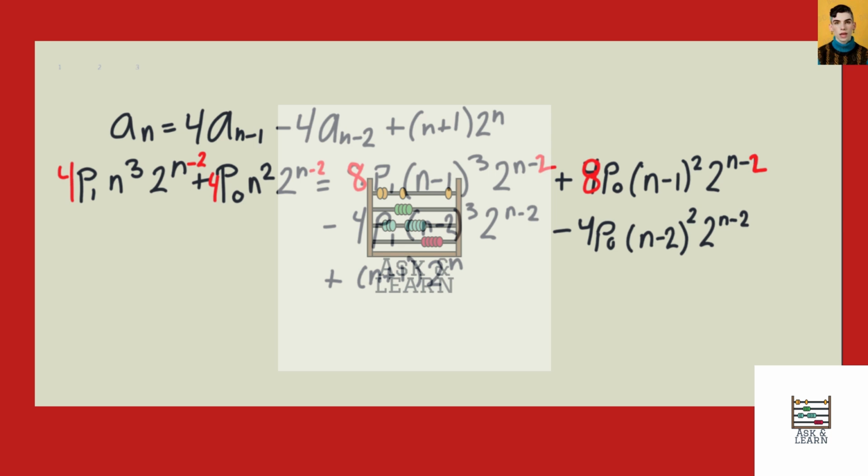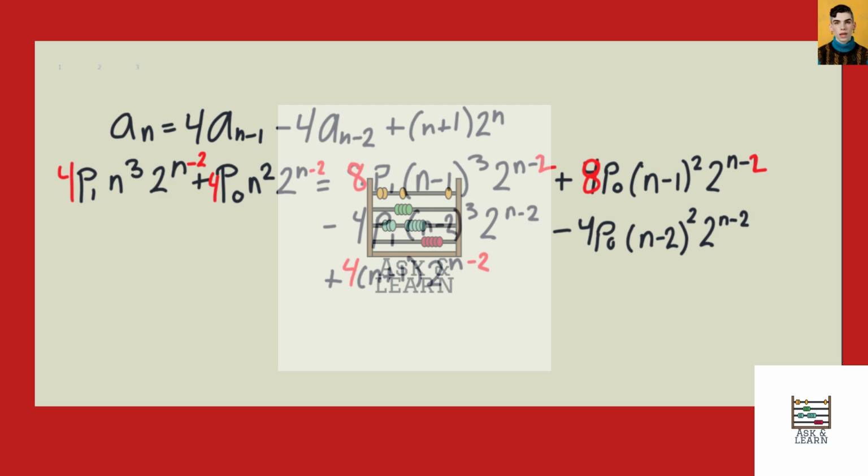Let's keep this one the same: minus 4 p1 (n-2) cubed times 2 to the n-2. We'll keep this one the same. And the last one we'll also modify, so that'll say plus 4 times (n+1) times 2 to the n-2. And now we can actually add and subtract them from each other, right?